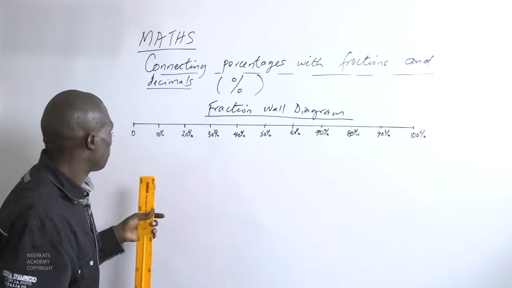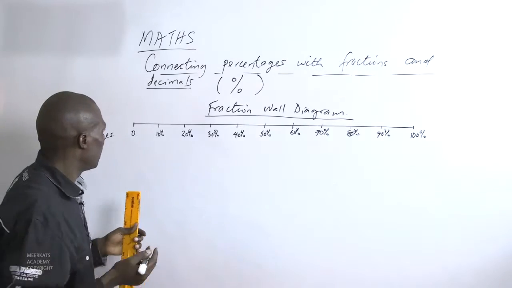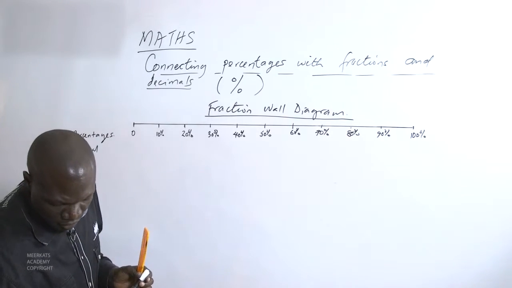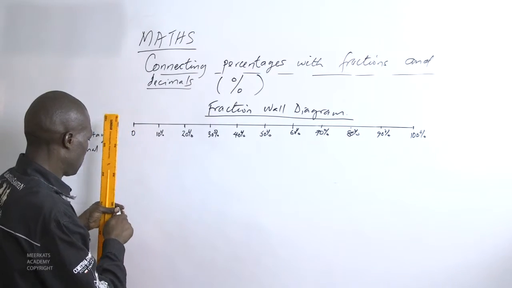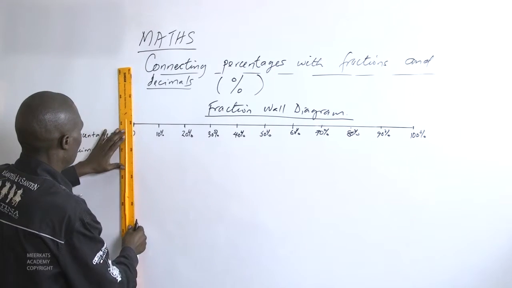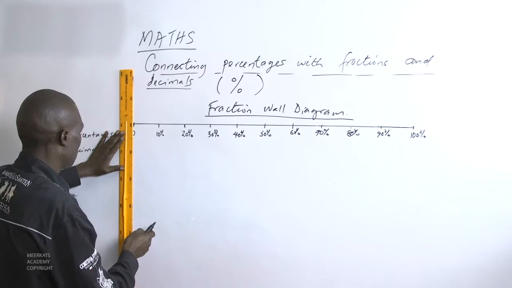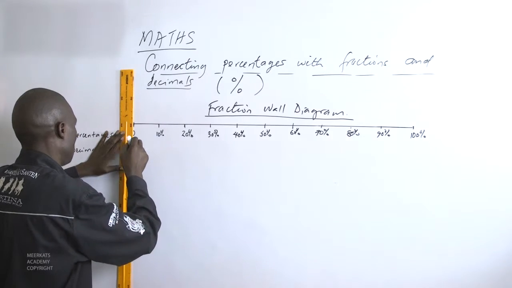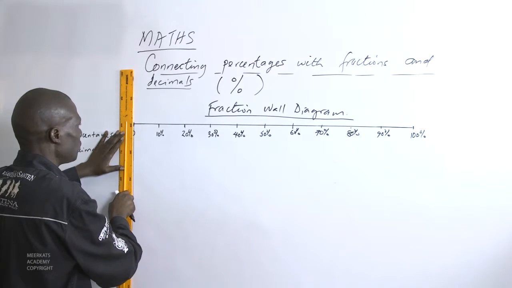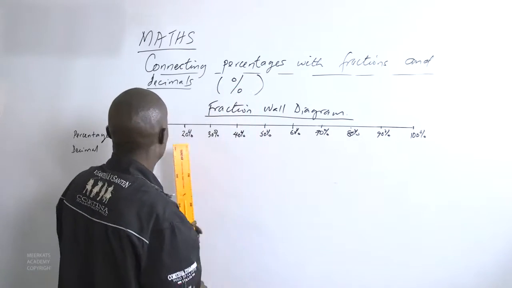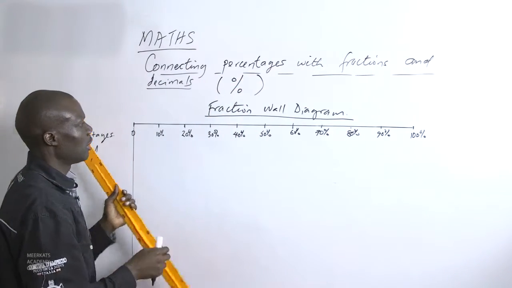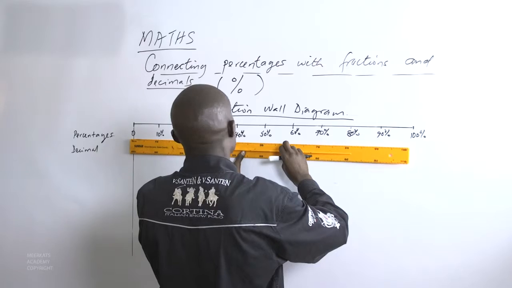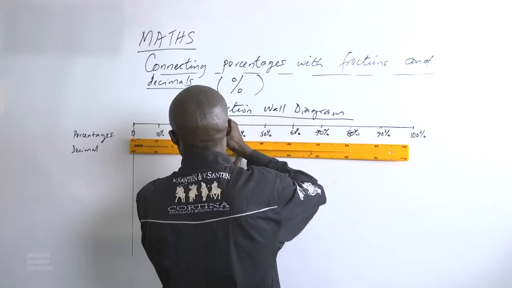The next one is decimal. It's simple. For a decimal, the initial part remains 0. What we have initially is for our percentages. Let us look at decimals.